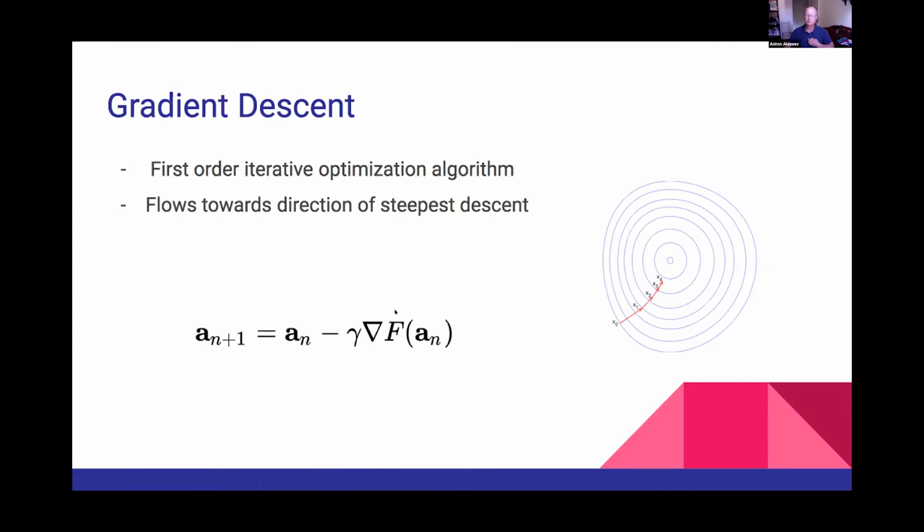I'm not sure. It probably depends a little bit on how lucky we are. Is it really true that f of an+1 will always be smaller than f of an? For a gamma, so for a step size that's small enough, yes. But small enough depending on the function, right? In principle, that's our hope.